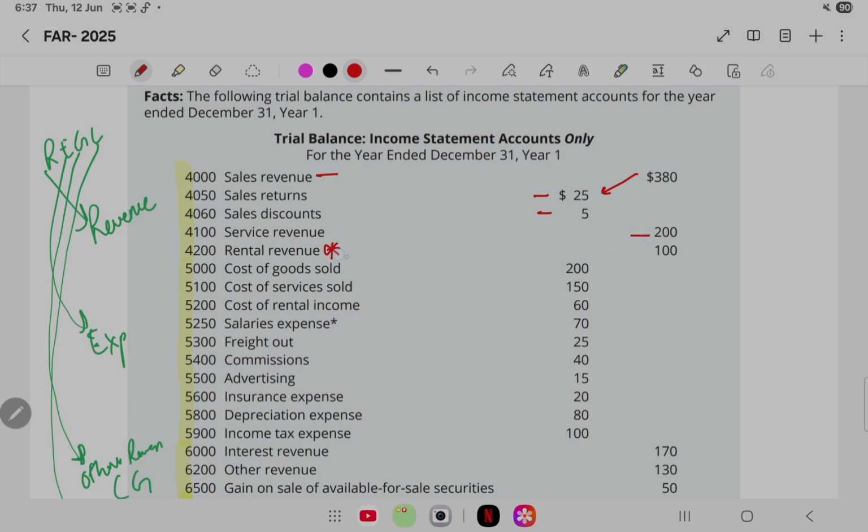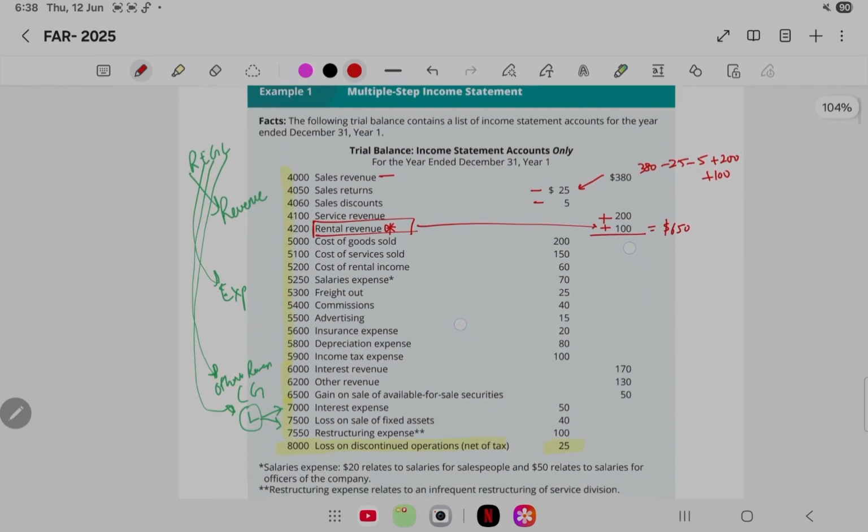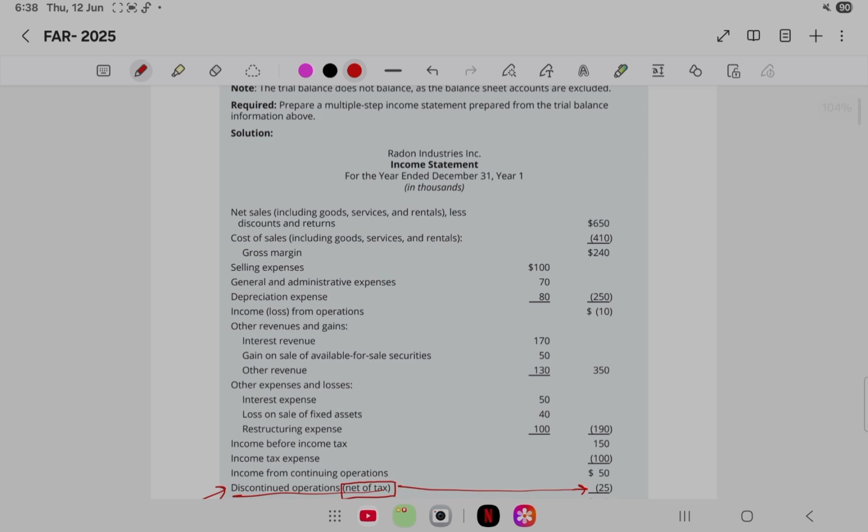This is important, we include the rental revenue in the business only. So $380 minus 225 minus 5 plus 200 plus 100 comes as $650, right? We can check it here. Net sales minus discount comes at 650.